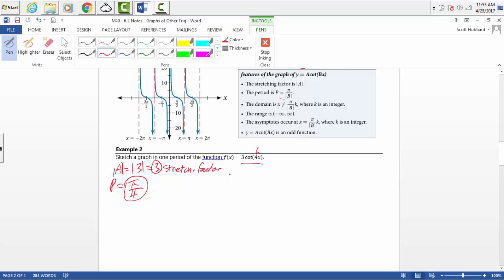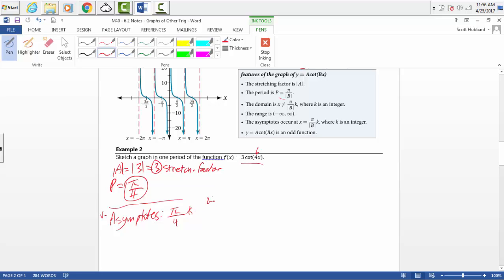Okay. The domain is that x can't be these multiples of pi, and the vertical asymptotes are going to be at pi over b, so pi over 4 again, times k. Okay, and you can let k be whatever whole number you want.